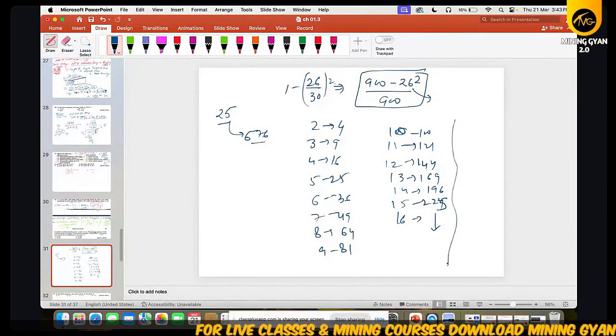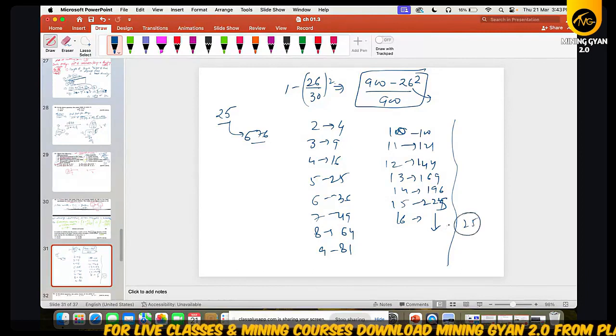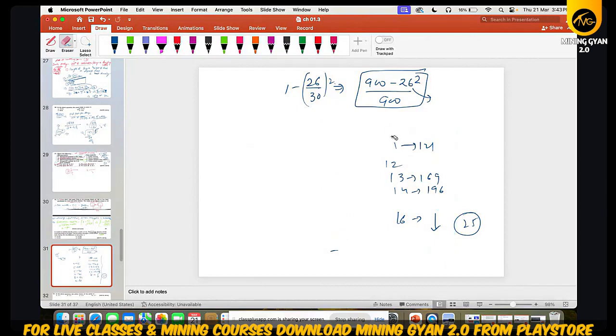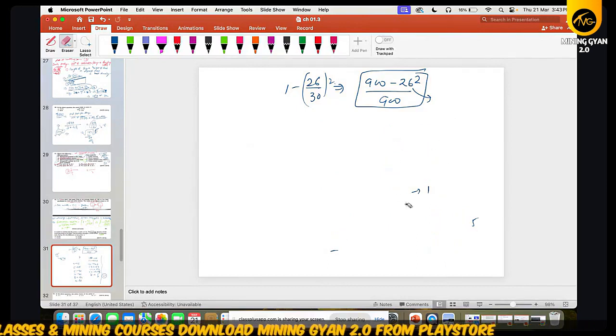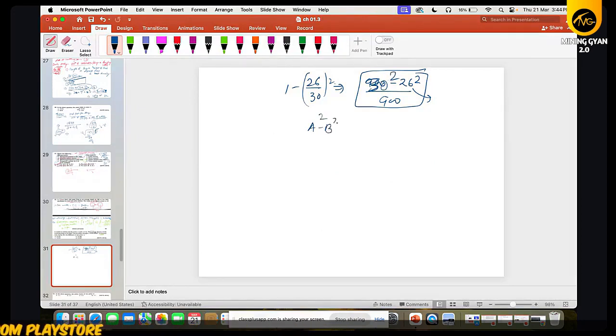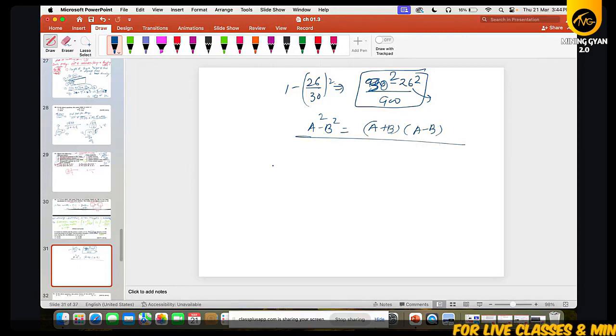So like this you have to go up to 25. You should also practice up to 30 squared. And if you don't know the value, I told you that a squared minus b squared equals (a plus b) times (a minus b). This formula we can use.